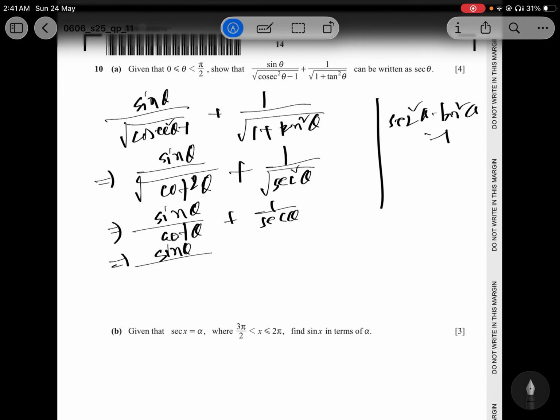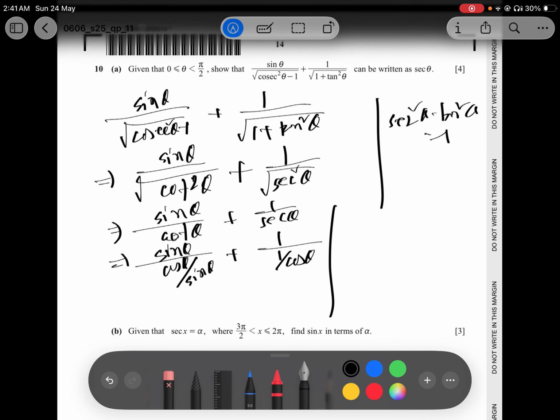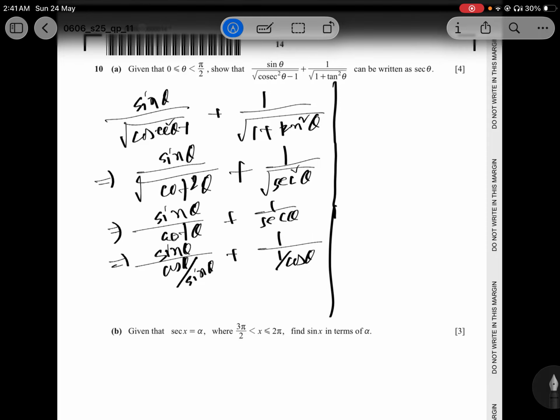So sin theta over cot theta means sin theta times sin over cos. Sec means 1 over cos theta. On the top we'll have sin square theta.